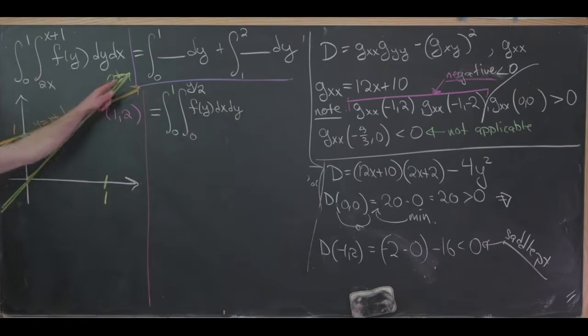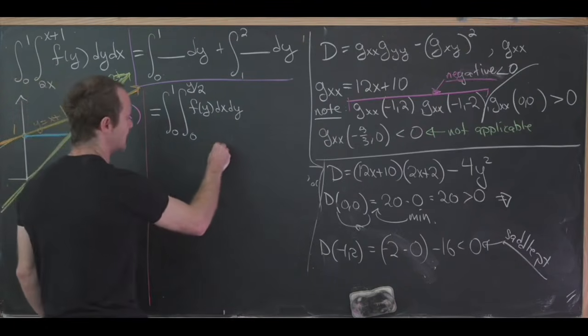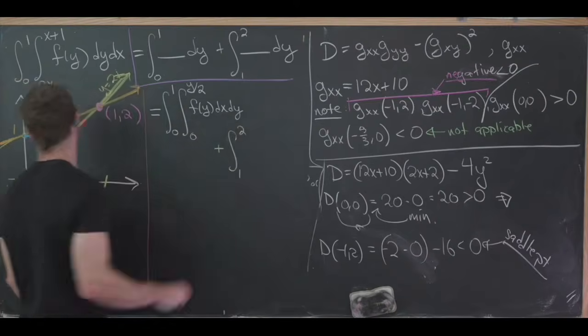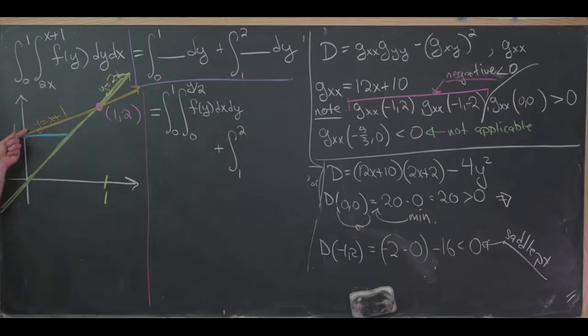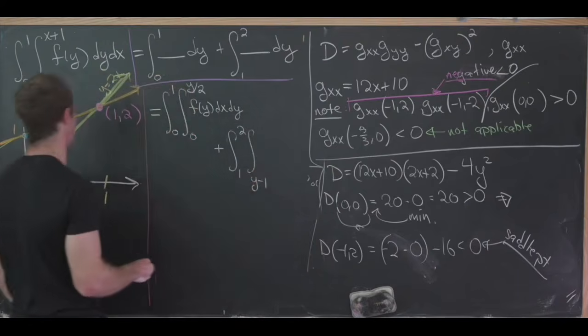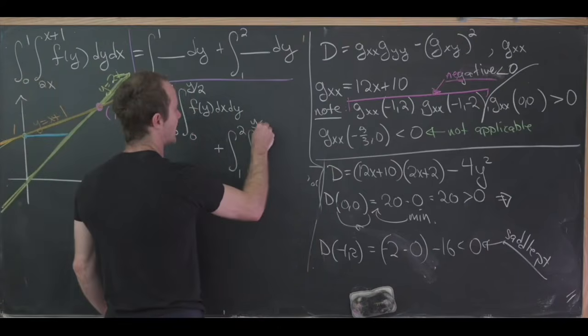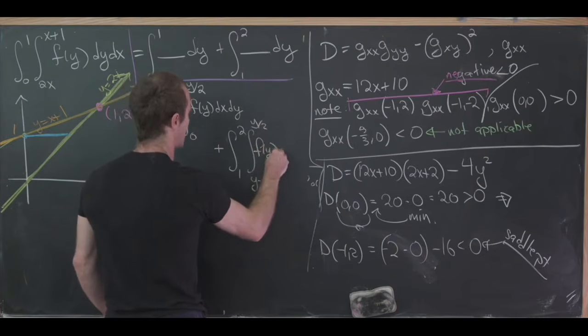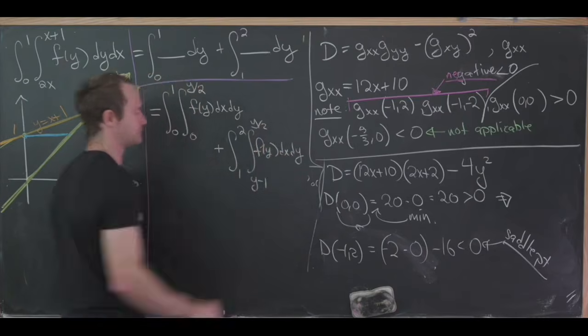So we replace y equals 2x with the line x equals y over 2. And then we'll have plus the integral from 1 to 2. And the leftmost curve here, solved for x, is y minus 1. So this will be y minus 1 up to y over 2 of f of y dx dy.